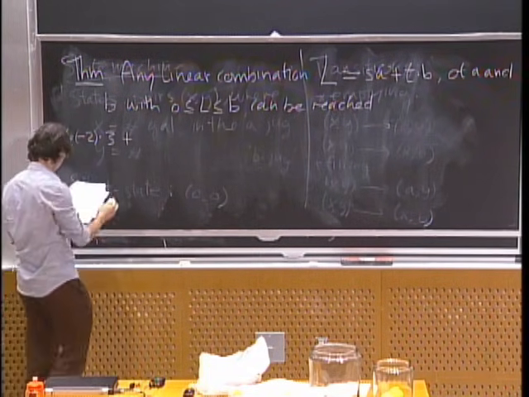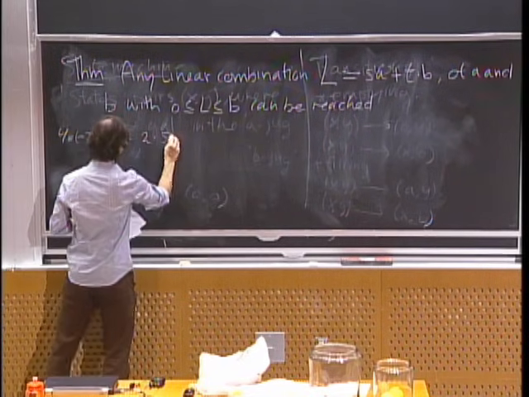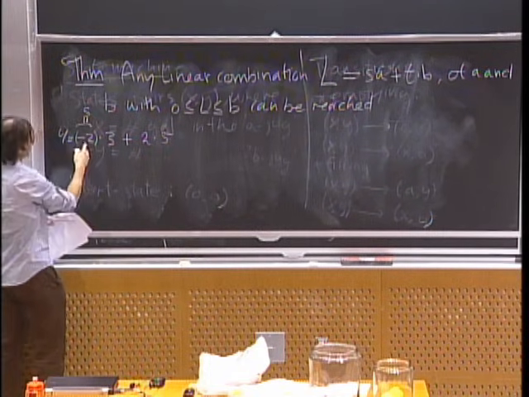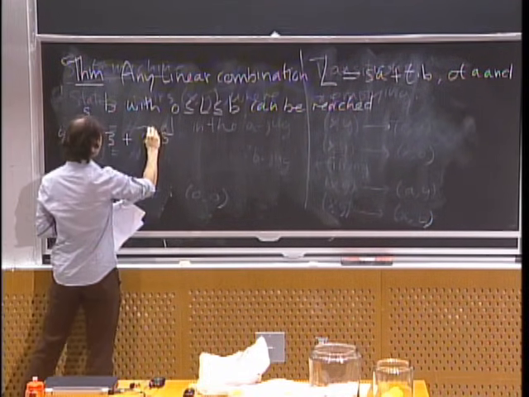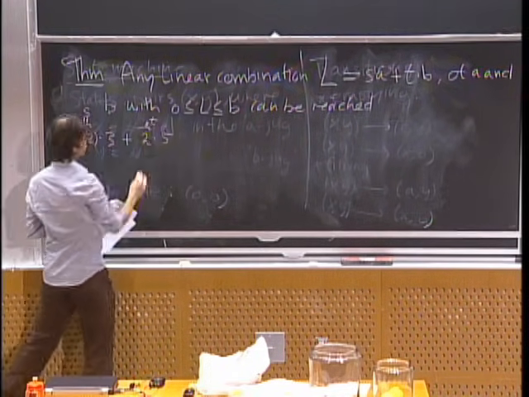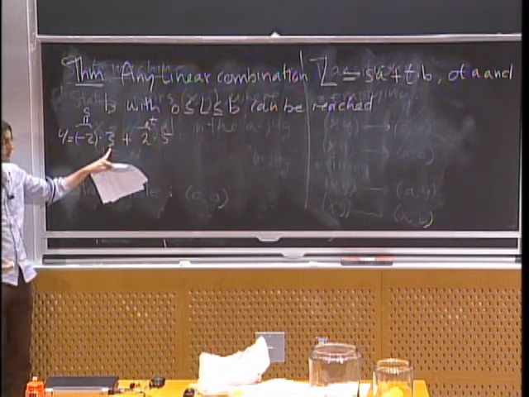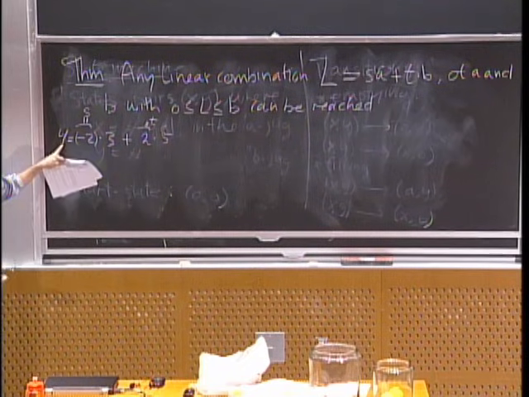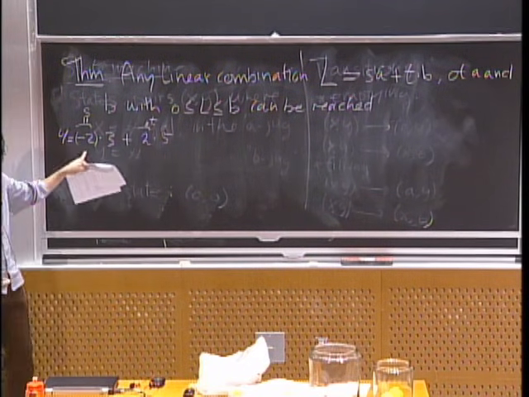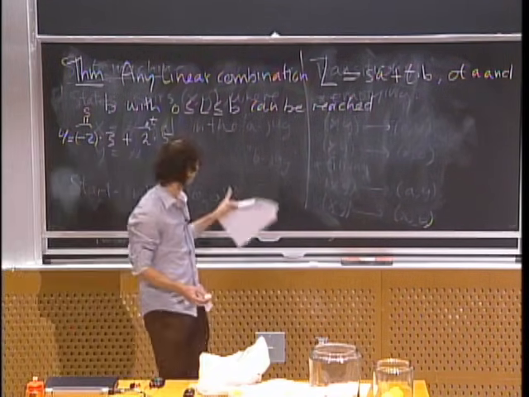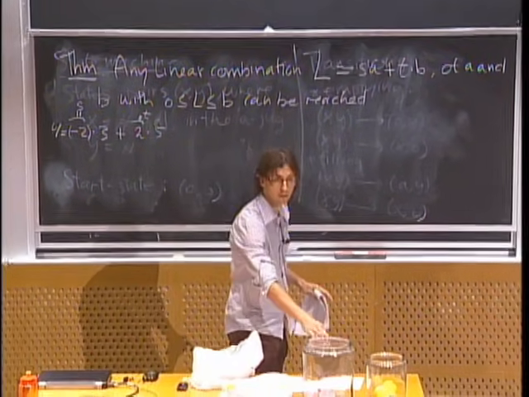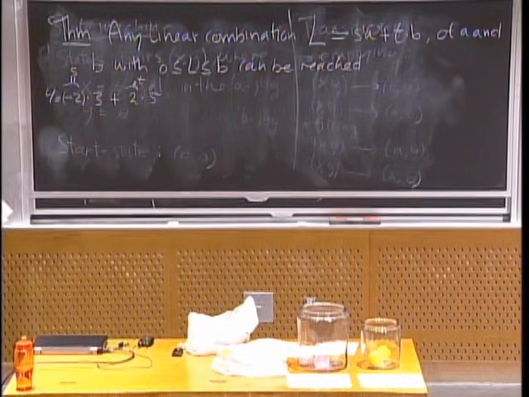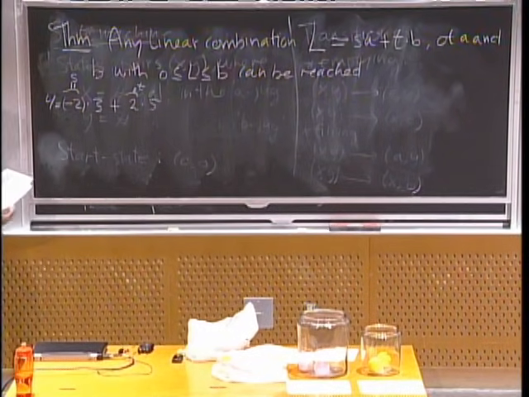Yeah, plus 2 times 5. So here s is equal to minus 2, and t is equal to 2. And of course, a is equal to 3 and b is equal to 5. So 4 is a linear combination of these two, and according to the theorem, we can create that number of gallons in this jug. We already saw that because we did it.